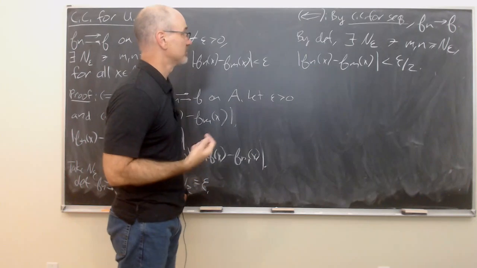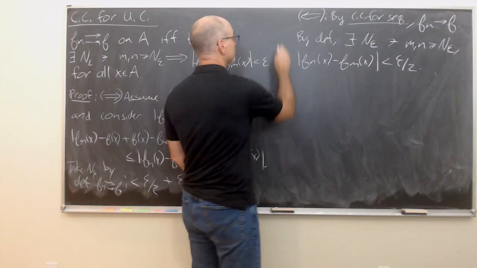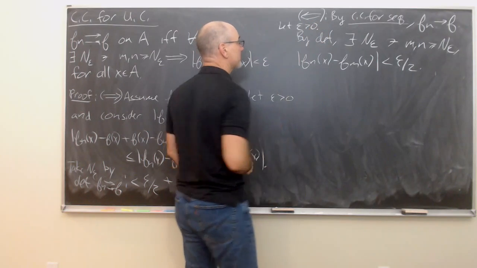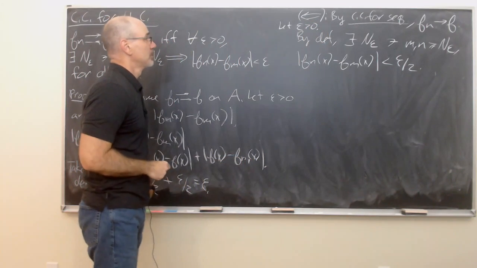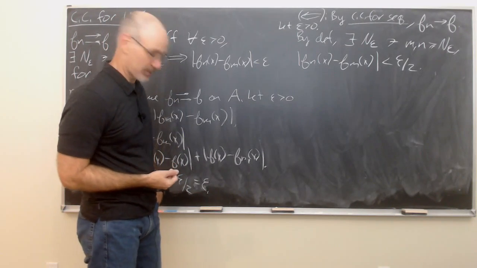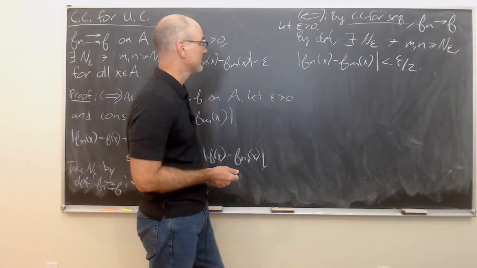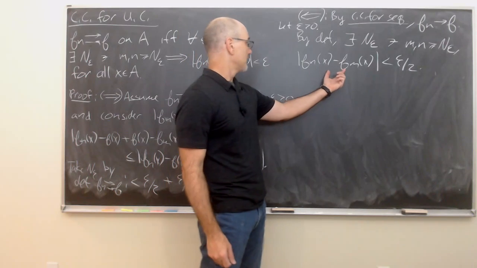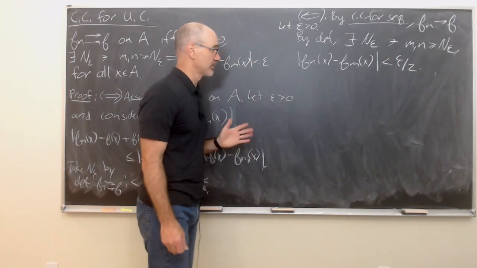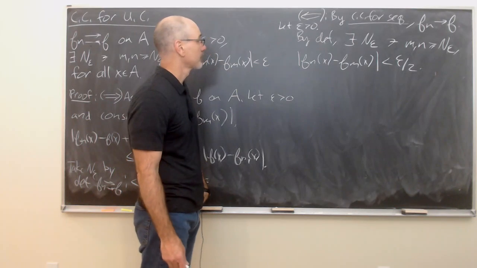Right, so we have let epsilon be bigger than 0. Squeeze that in up here. Standard part of the proof, but it's good to have it written. So if we let epsilon be bigger than 0, we start off using the definition of Cauchy criterion for uniform convergence. And we know we can make the function difference less than epsilon over 2. We'll see the reason for the over 2 in a minute.